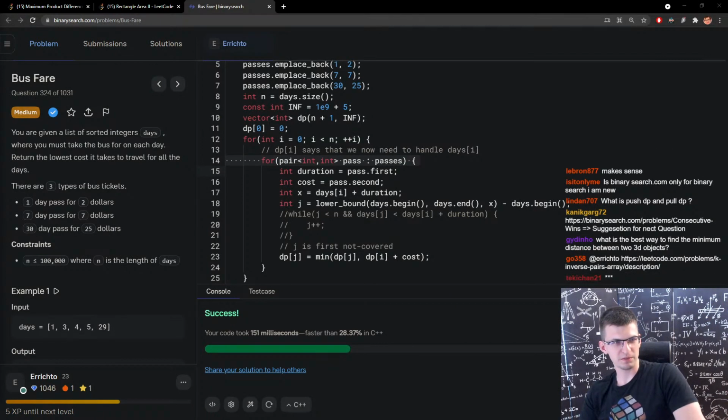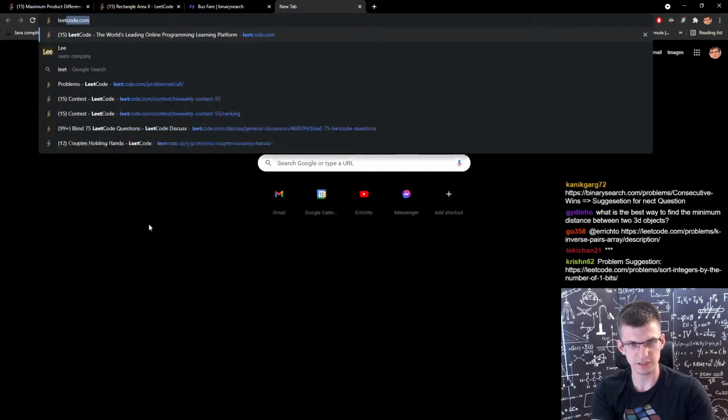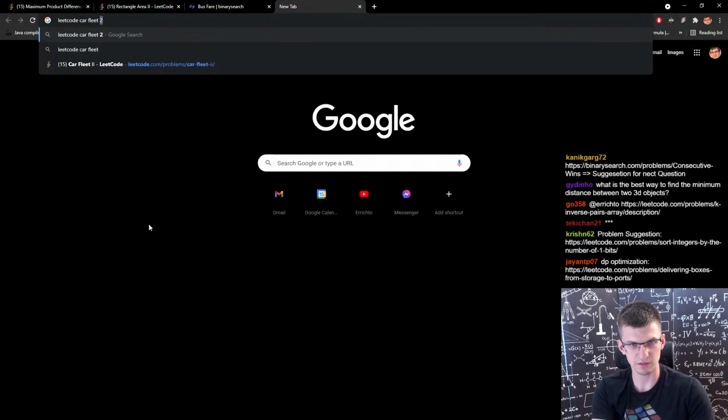Car fleet problem, maybe. Car fleet 2. Is it on LeetCode or binary search?